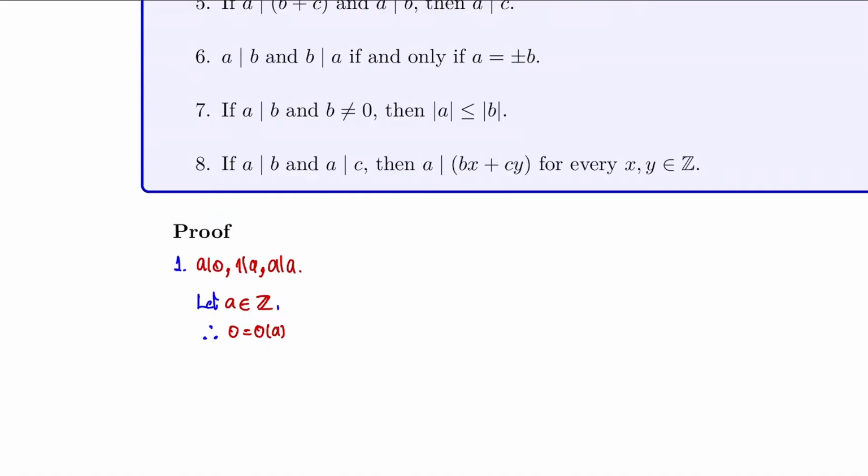So by divisibility, a divides 0. Do not forget that if a divides b, you will have q, which is an integer, such that b equals aq.